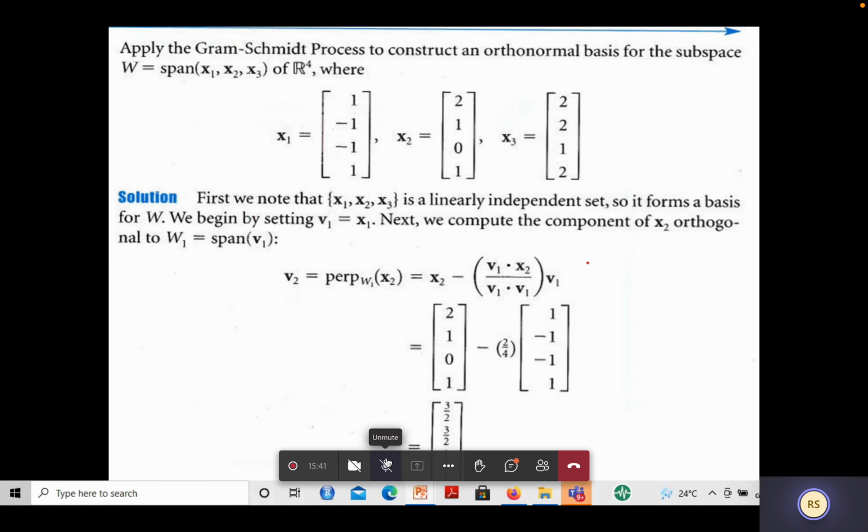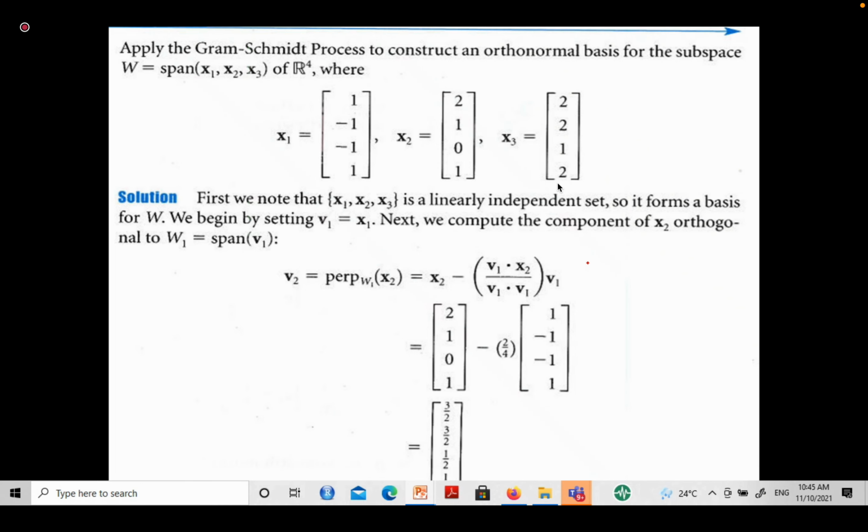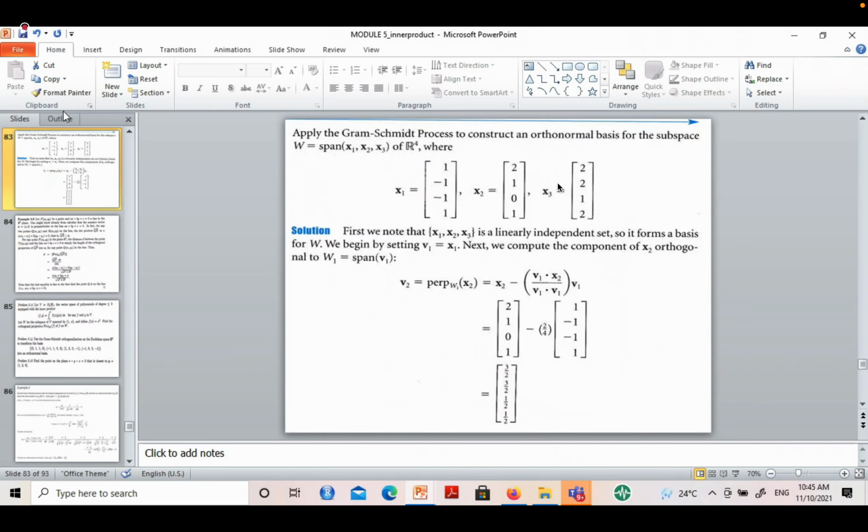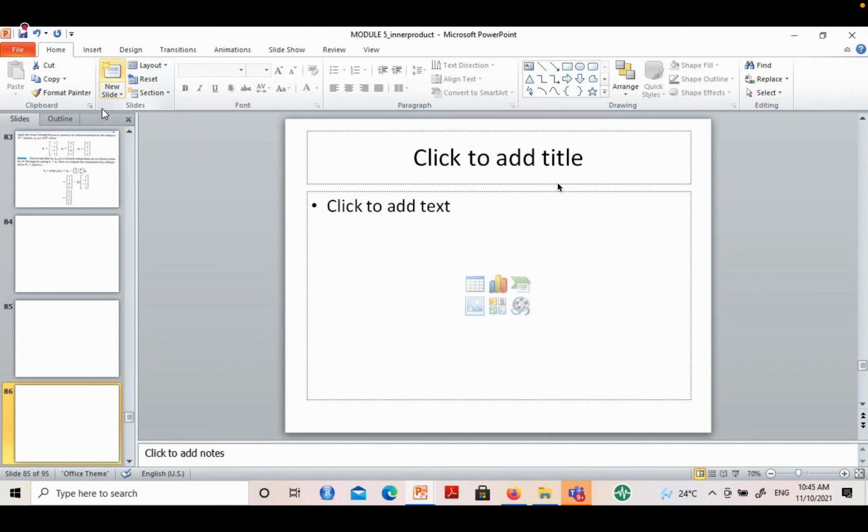Okay, take down these three vectors. Can I show the question once? Wait, one minute. R power 4 is given.